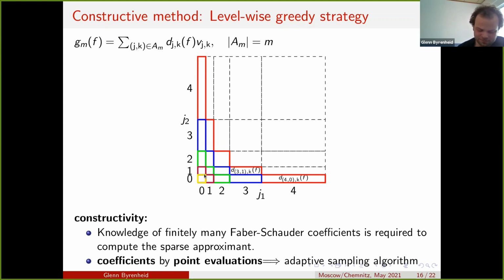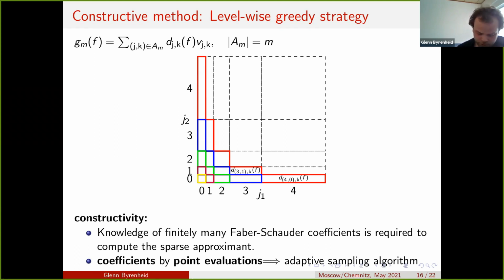And then inside each block, one does a greedy strategy, namely taking the biggest coefficients. Finally, this gives us a set A_m such that we find an approximant g_m based on a linear combination of size m of Faber-Schauder hat functions that achieves the rate on the last slide.